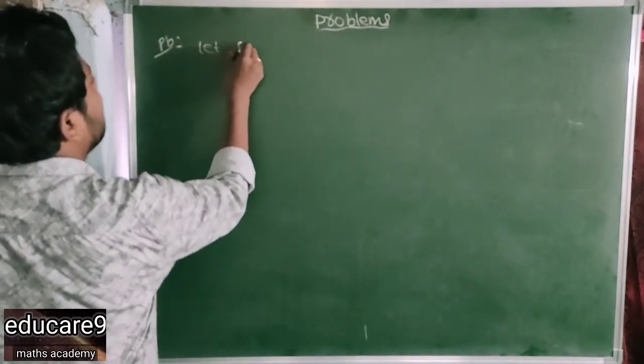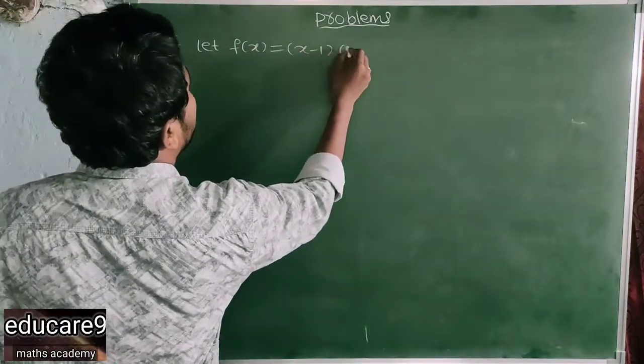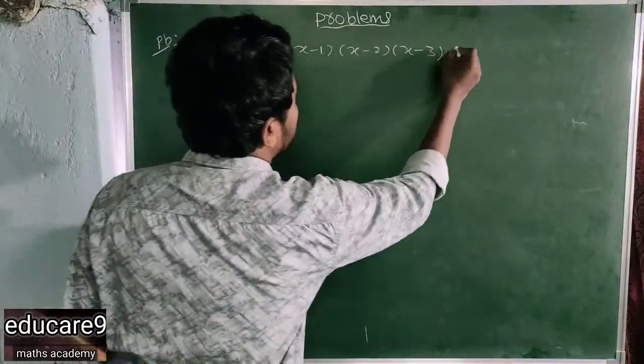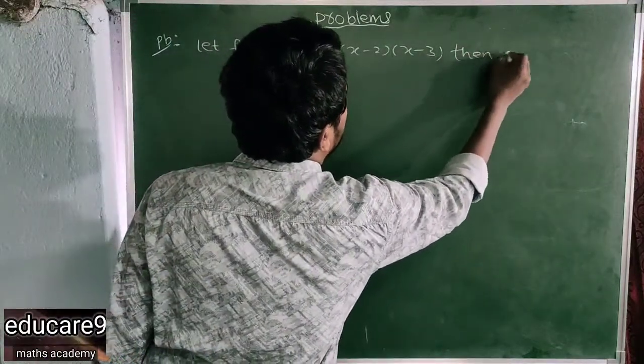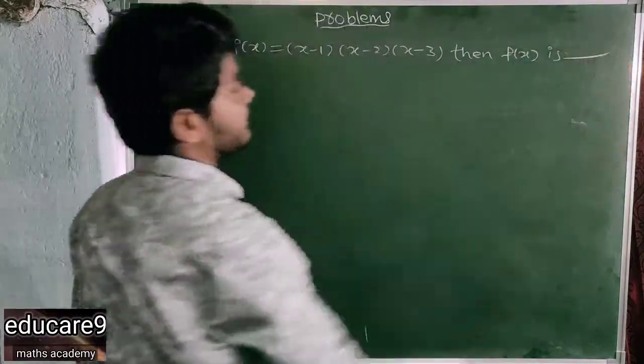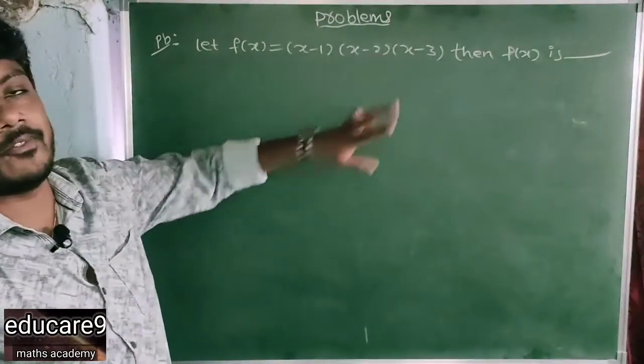Let f(x) = (x - 1)(x - 2)(x - 3). Now draw the graph of the given function.